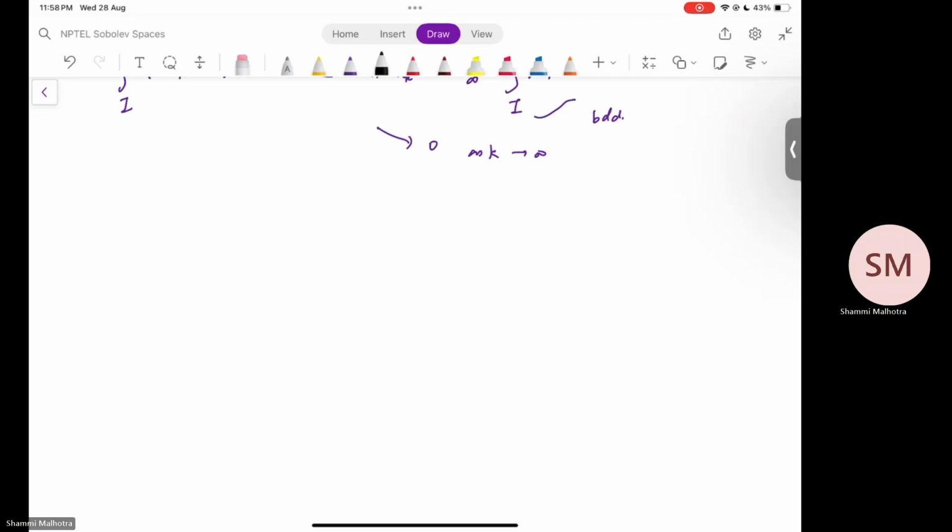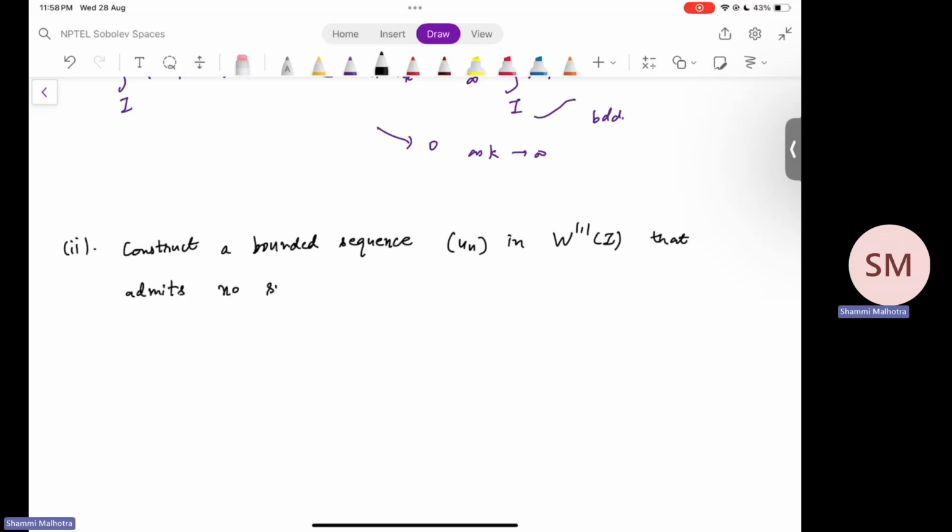So the second part of this question says: construct a bounded sequence u_n in W^{1,1}(I) that admits no subsequence converging in L infinity.